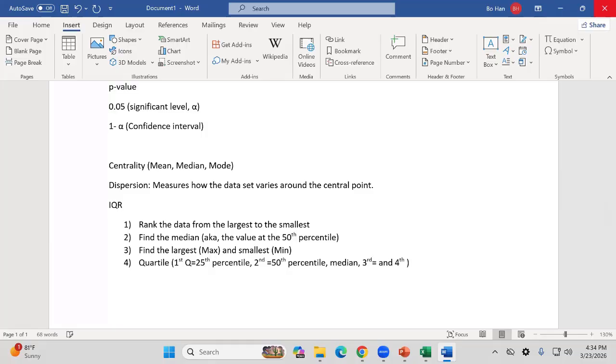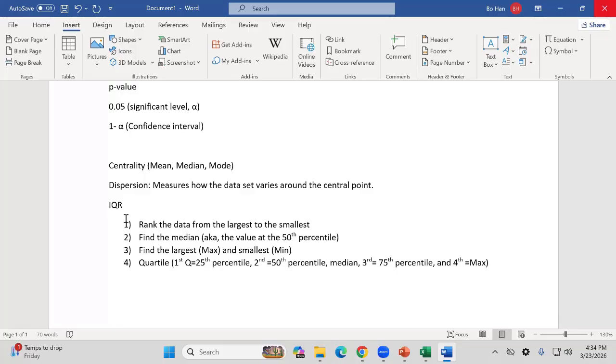Third quartile, 75th percentile, exactly. Very good. And fourth quartile, maximum value, right? Maximum value, 100%. This is their relationship.